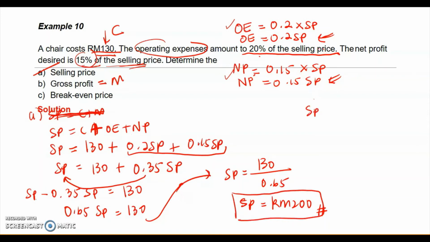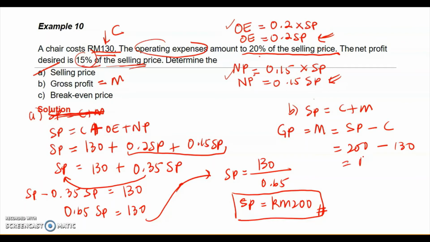To find the markup, we can use this formula: SP equals C plus M. So M equals SP minus C. This is the formula to calculate M, and M is markup. Markup is also the same as gross profit. So selling price 200 minus cost 130, so gross profit is 70 ringgit.